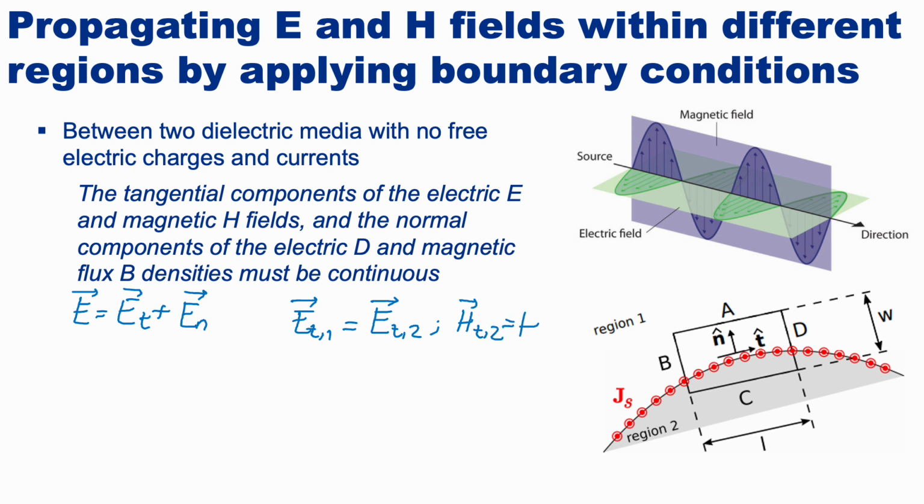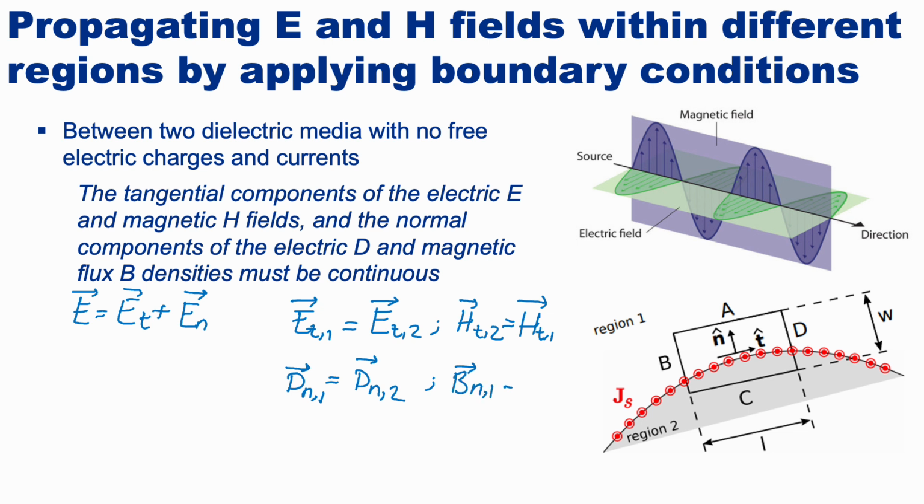And then you're going to ask me, okay, so Anna, what's going on with the normal ones? For the normal ones, we don't have continuity of the electric or the magnetic field. The fields that are going to be continuous are the electric flux density and the magnetic flux density. So the normal component of the electric flux density needs to be the same at the interface between the two media, and the same for the magnetic flux density.